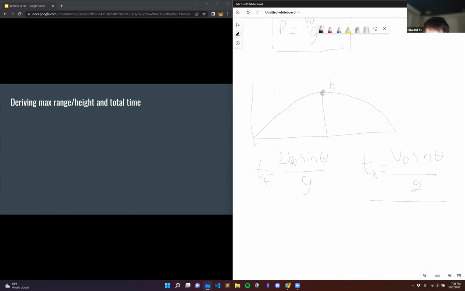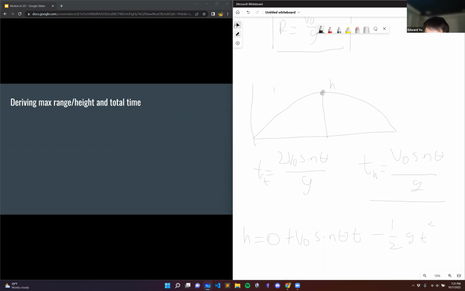So now we can write the equation. y final, which is just, let's say h, is equal to 0, because we're starting at the origin, plus v sine theta times t minus 1/2 g t squared.